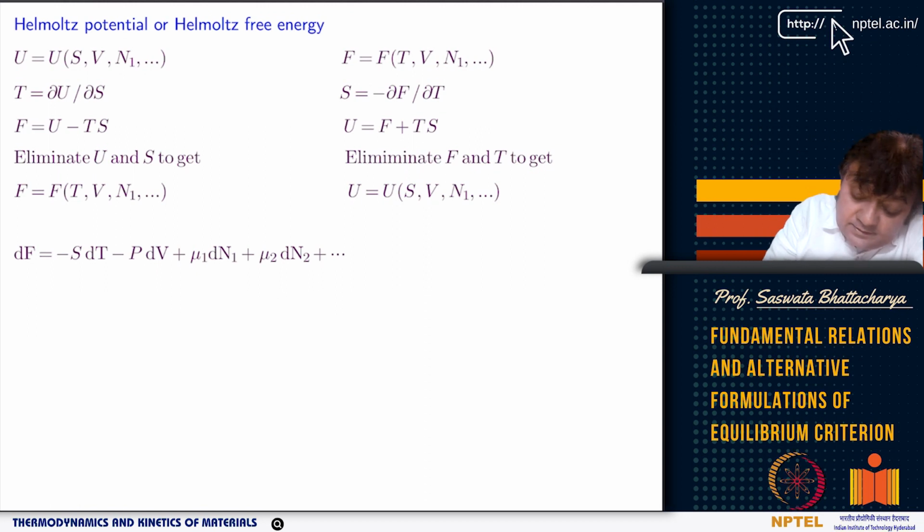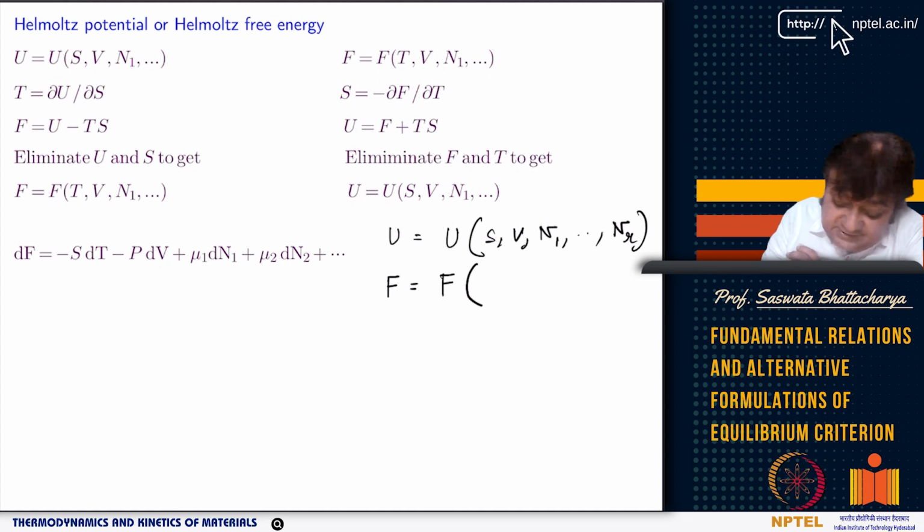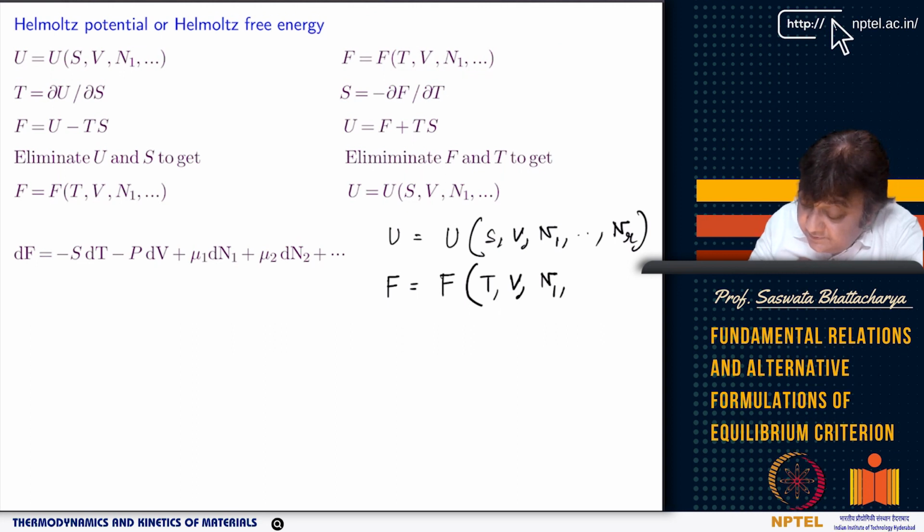So, the way to understand this is very simple. You have U as a function of S, V, N1. What you are writing is a new definition, which is U minus TS, which basically is replacing U by F, an intercept. We have seen F equals U minus TS, and S is replaced now by T, its conjugate, and V, N1 to Nr.